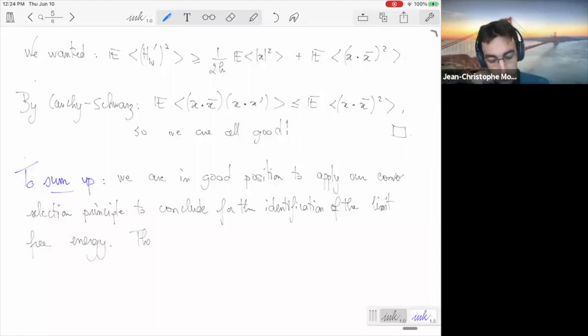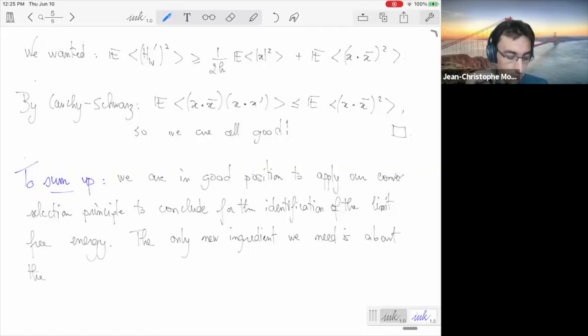The only new ingredient is about the fluctuations, the fluctuation term, which we need to argue is small.